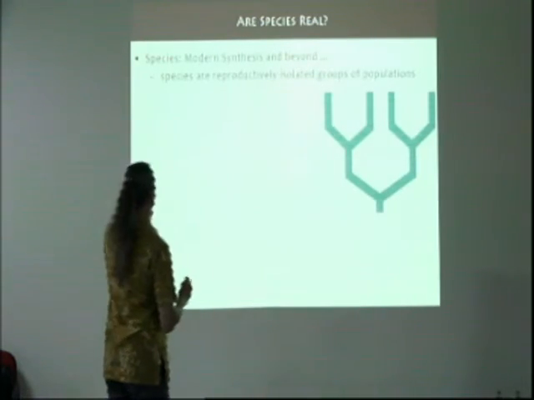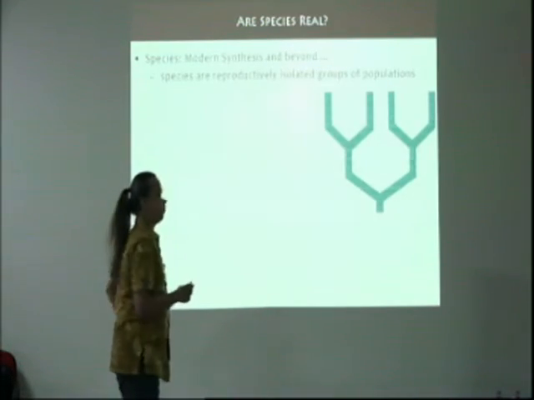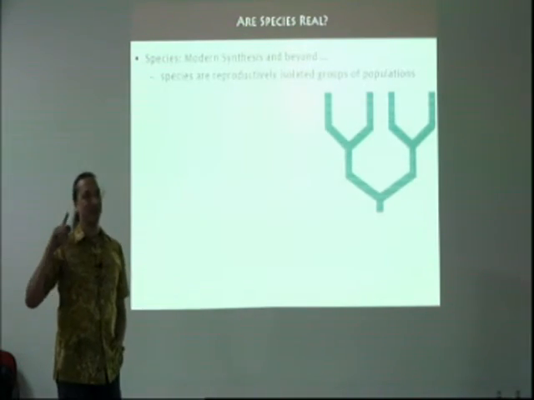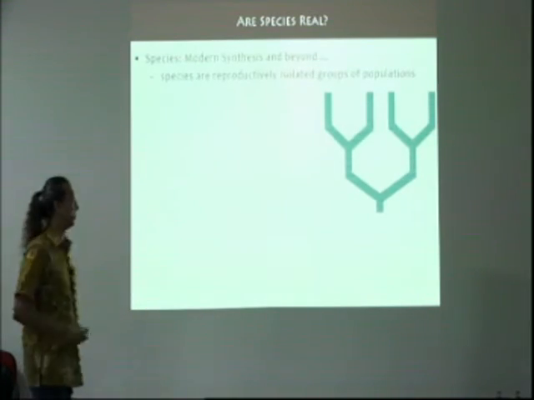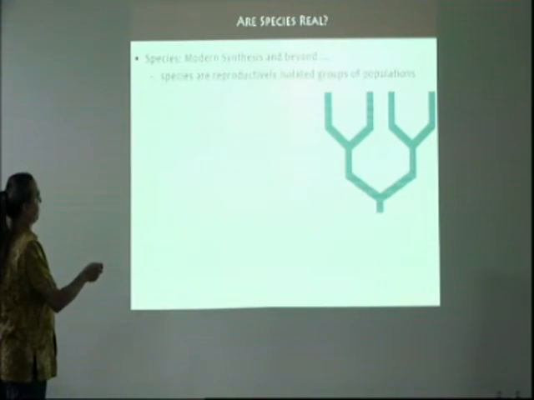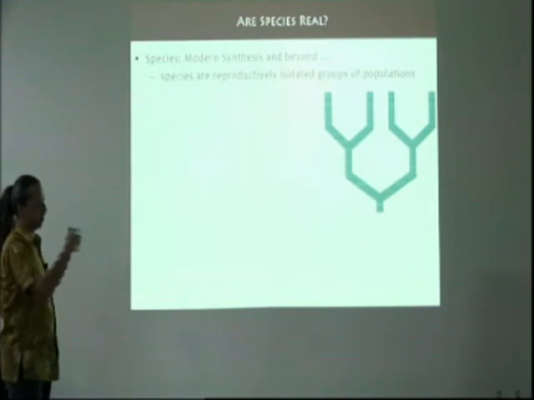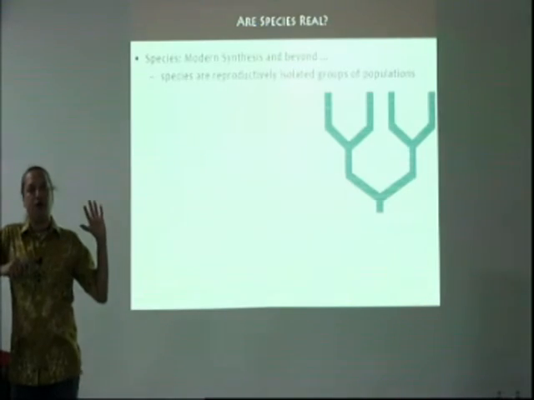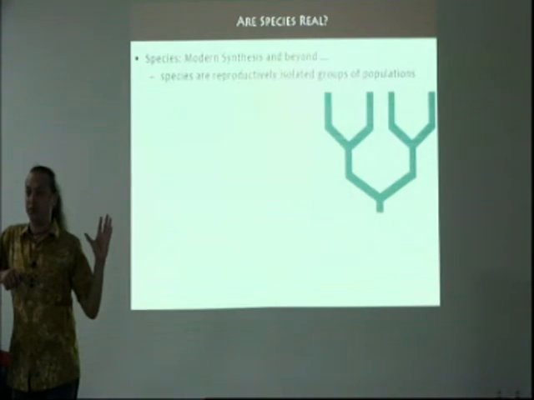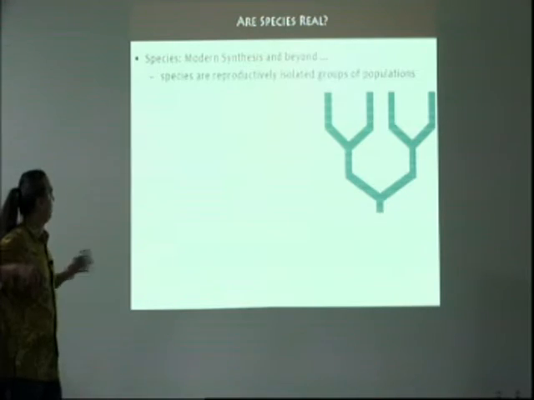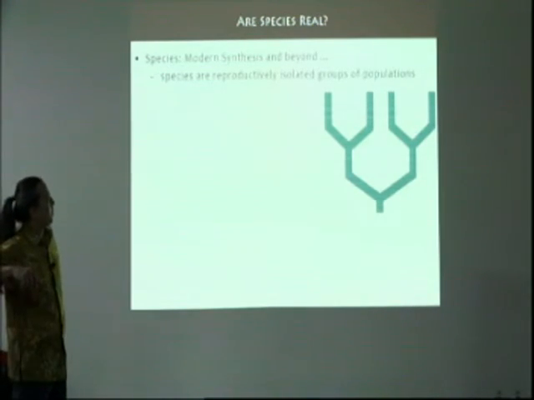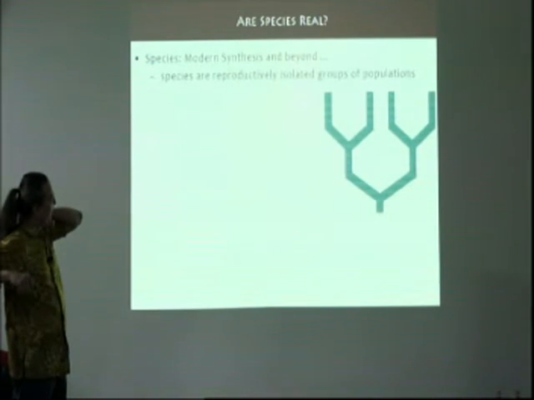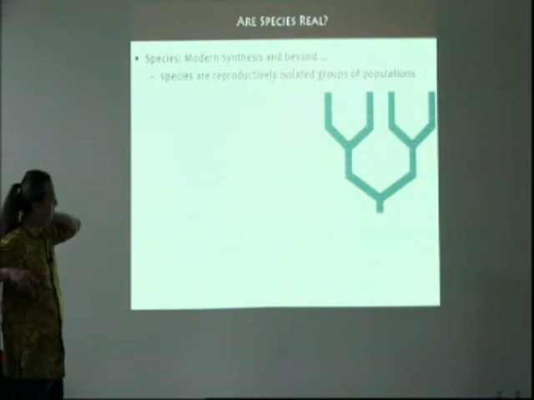So, if you think species are real, let us look at what is the most common definition of species. You have species which are reproductively isolated groups of populations isolated from other such populations. So, the most popular species concept is this, a very presumptive idea of what should be species.